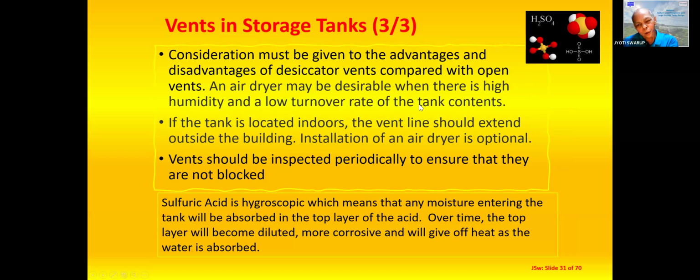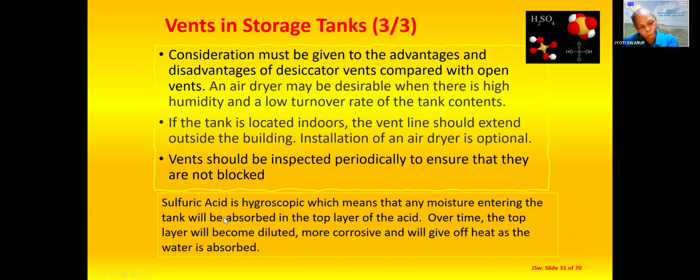Air dryers may be desirable when there is high humidity and a low turnover rate of the tank contents. If the tank is located indoors, the vent line should be extended outside the building. Installation of an air dryer is optional. Vents should be inspected periodically to ensure that they are not blocked.